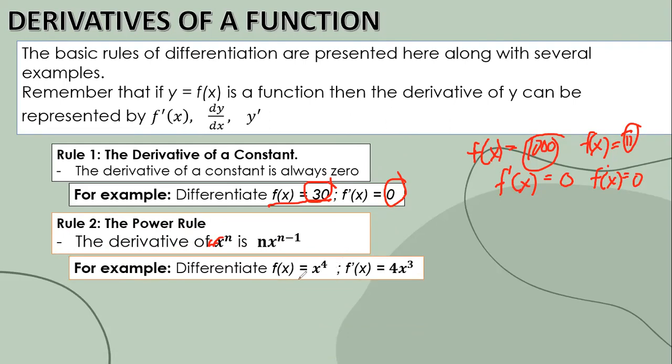For example, let's have the derivative of f of x is equal to x raised to 4. We have f prime of x is equal to 4x cubed. Okay? So, bumaba yung exponent, naging coefficient, and then na-minusan yung exponent ng 1. So, that is 4 minus 1, we have 4x cubed.